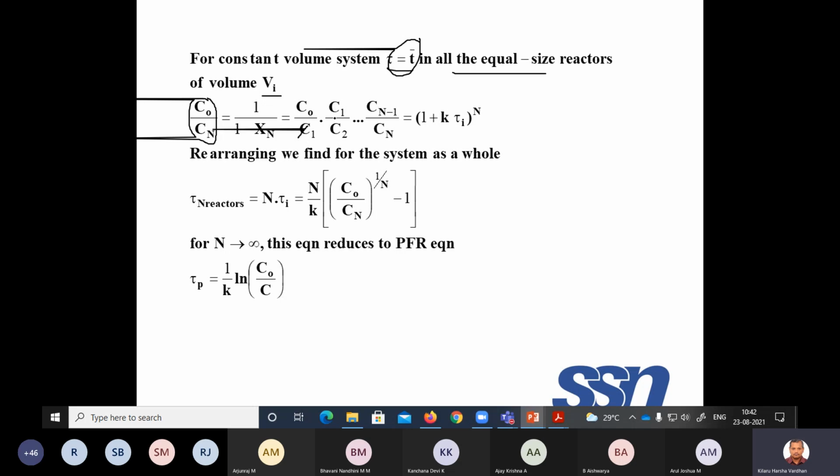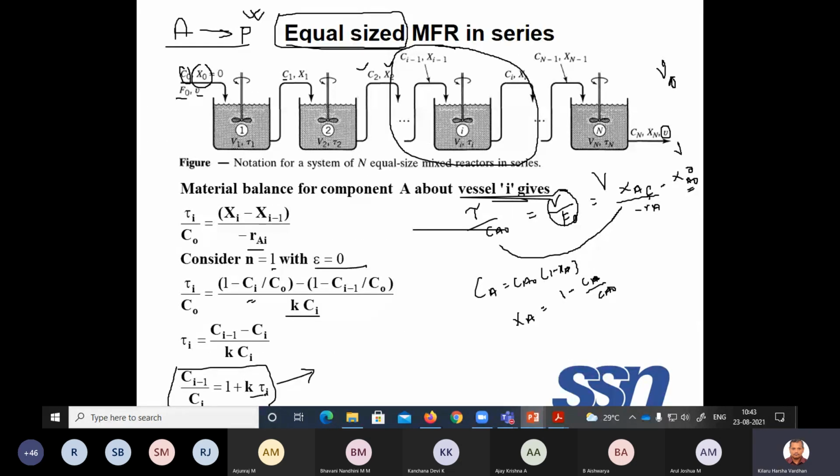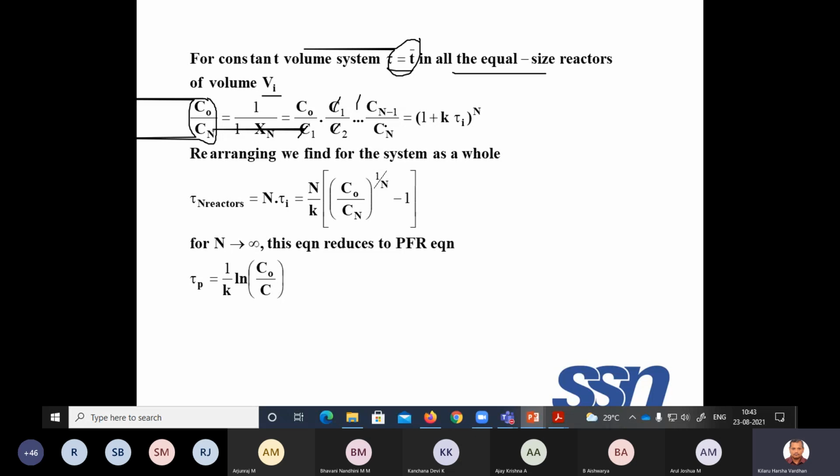So what cancels out? This and this cancel out, so you're left with C0 by Cn. C0 by Cn is nothing but 1 minus Xan, which is 1 plus K tau I for each reactor. Like that you are having N reactors, you are multiplying that, so it becomes to the power N.